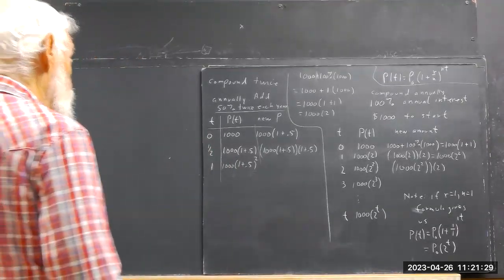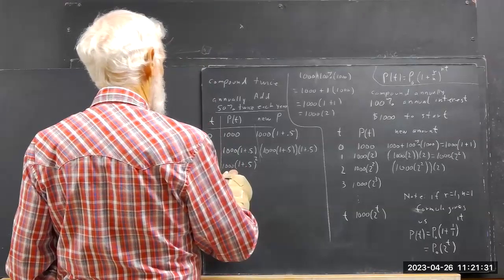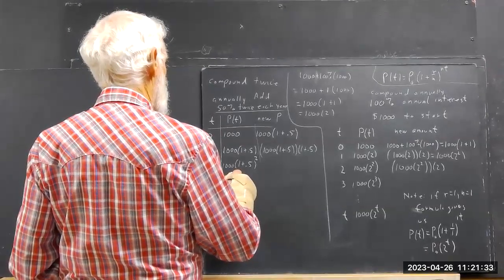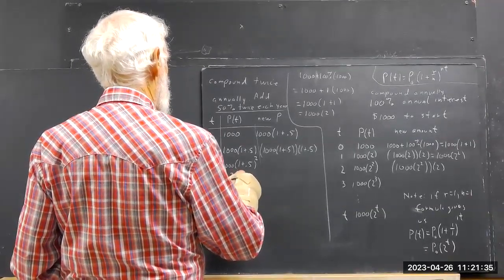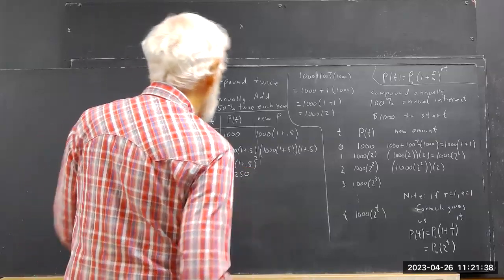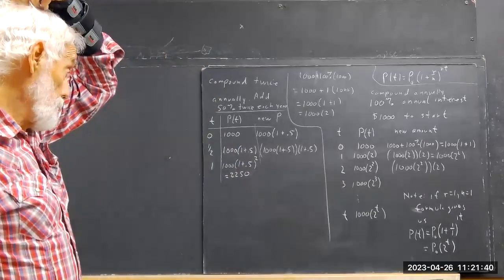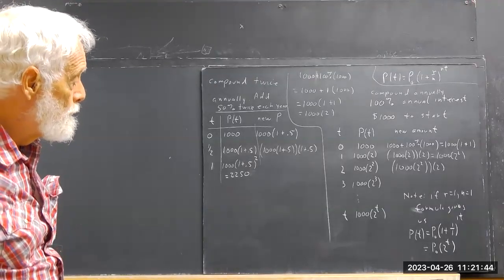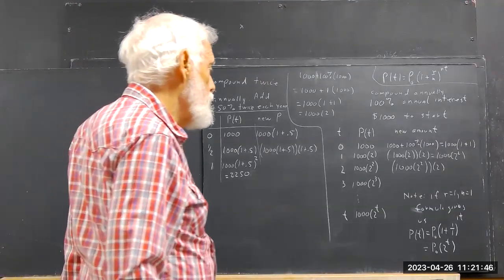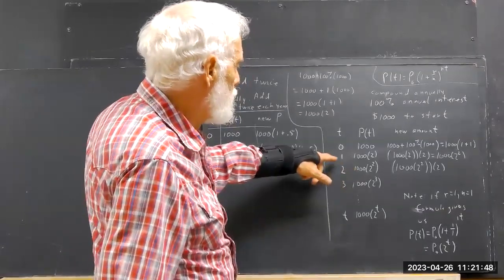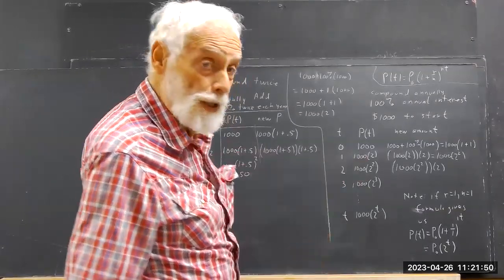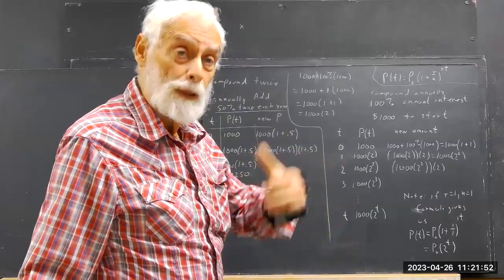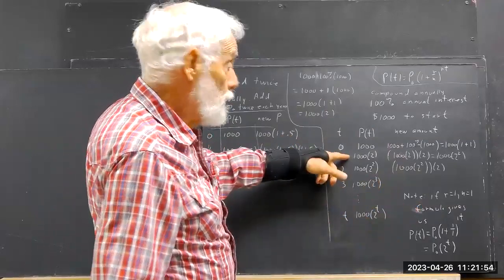And you can easily work that out. It's $2,250. That compares with what you would have after 1 year at $1,000 compounding annually, which would be 2,000.